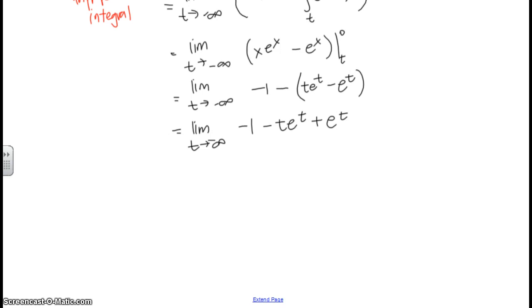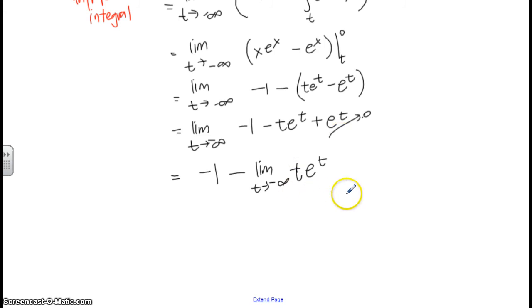Now, if you take a look, the limit as t approaches negative infinity of a constant is just negative 1. The limit as t approaches negative infinity of e to the t will approach 0, right? So this will be negative 1, and then this will be the only thing I have to worry about, minus the limit as t approaches negative infinity of t e to the t.